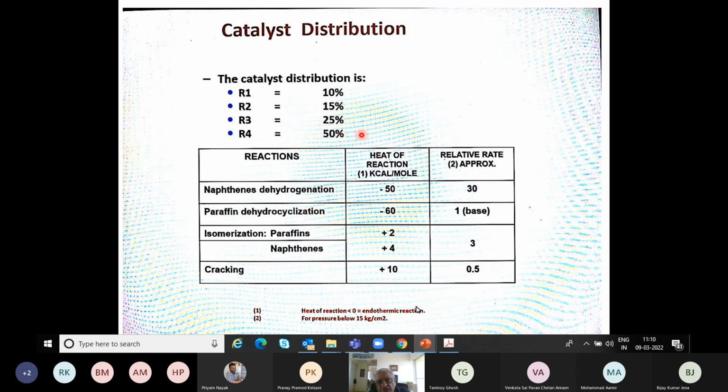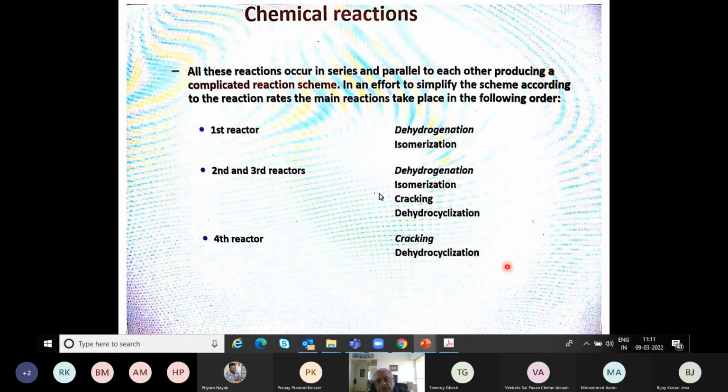In this case, of course, this is a four reactor configuration. But if there are not four reactors, you can just add up, divide by 100 and normalize, and calculate the percentage in each of the reactors. The reason is, of course, the rate of reaction. So we went through all that, and also discussed why the sizes are different.